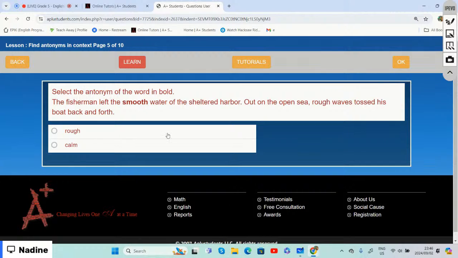So now we need to select the opposite of the word smooth. It says the fisherman left the smooth water of the sheltered harbor. Out on the open sea, rough waves tossed his boat back and forth.